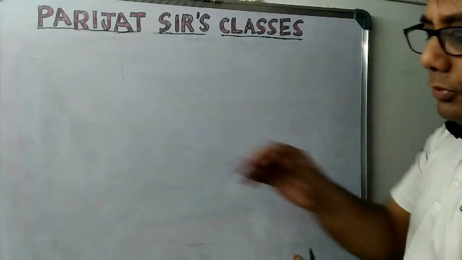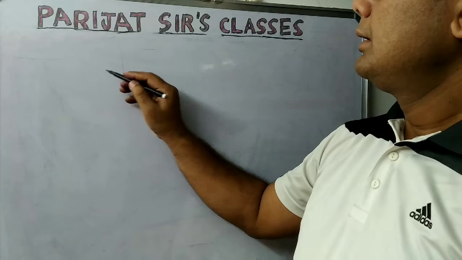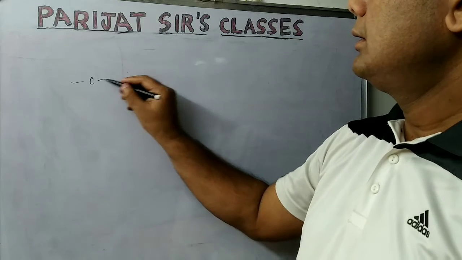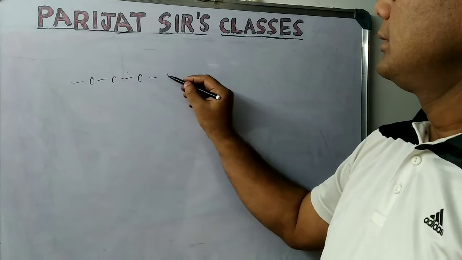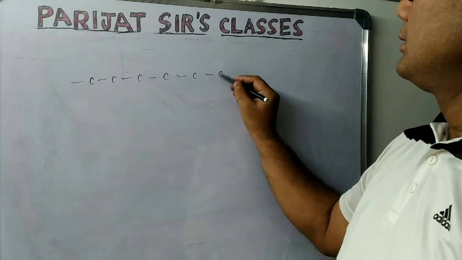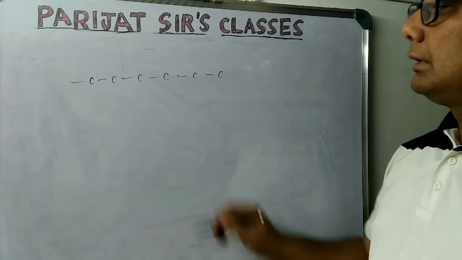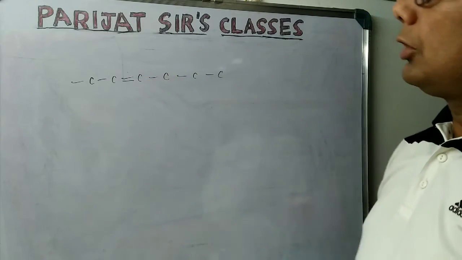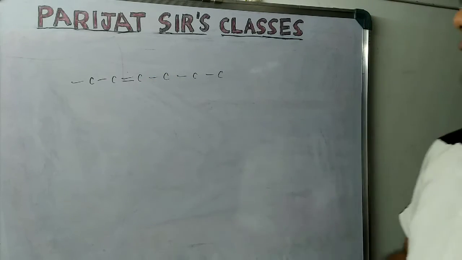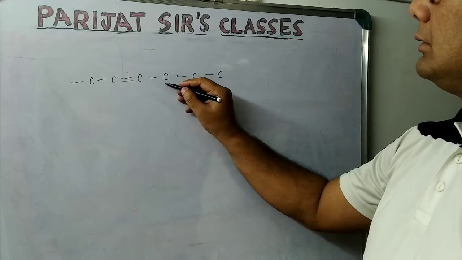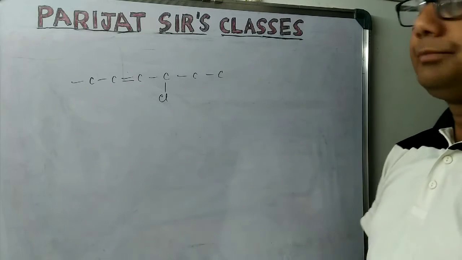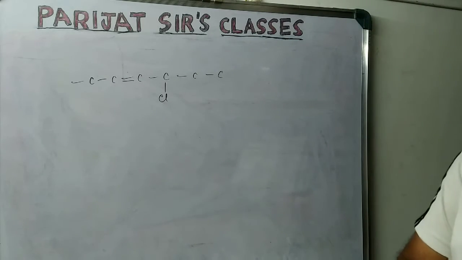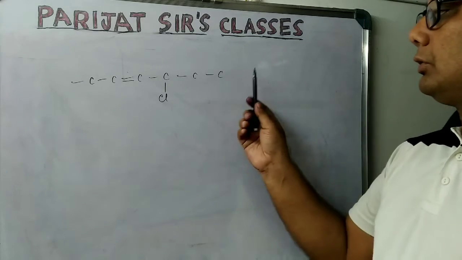So let's see furthermore. If this is, and we are having suppose a double bond here, and suppose a chlorine here. So I told you, first preference will be given to the longest chain.